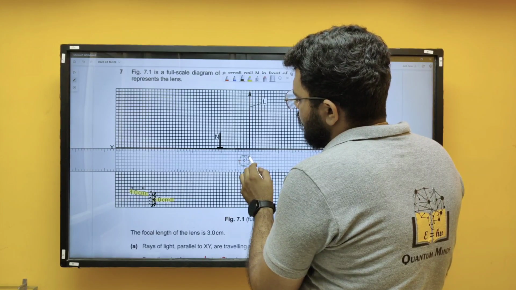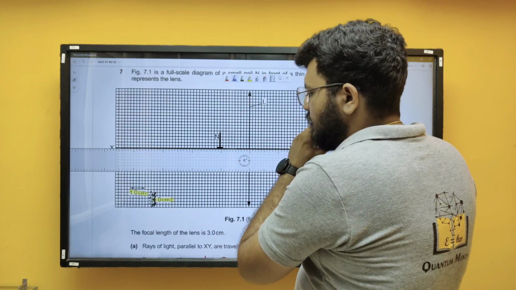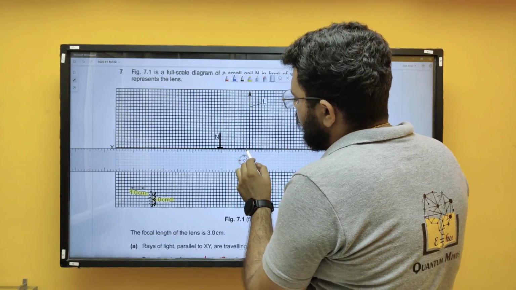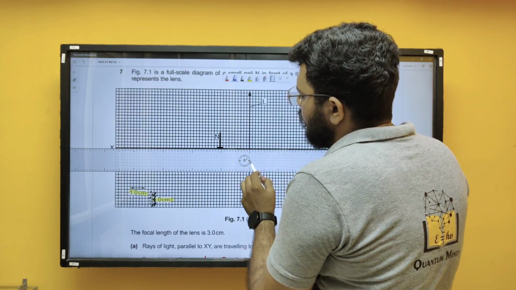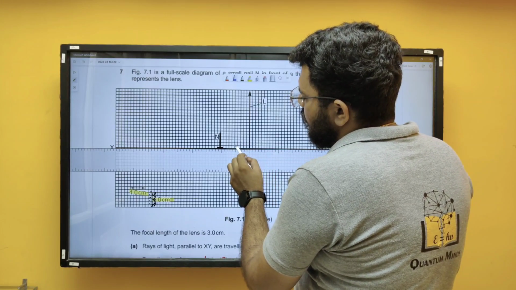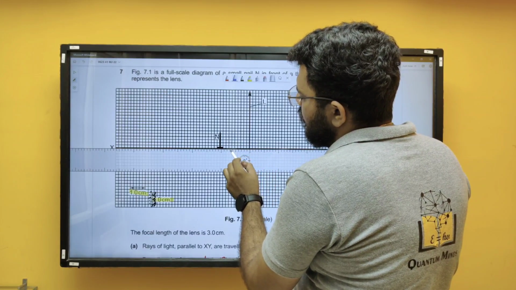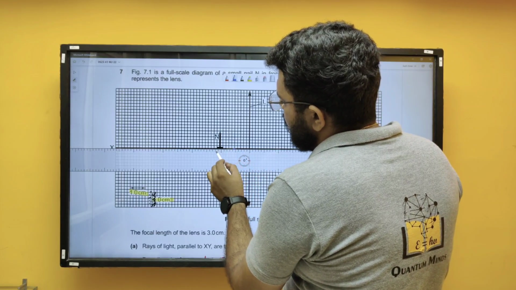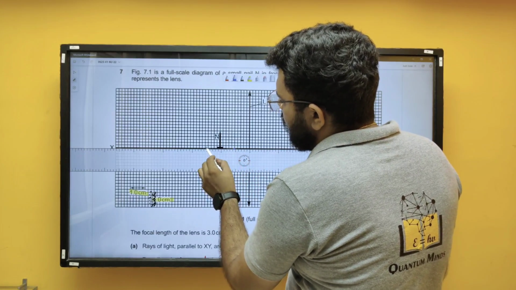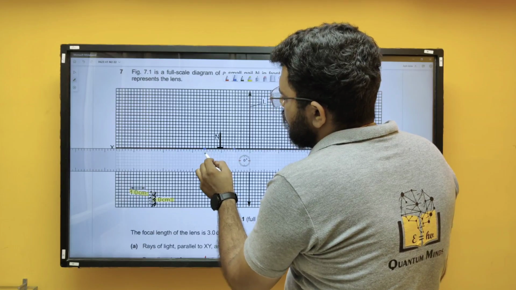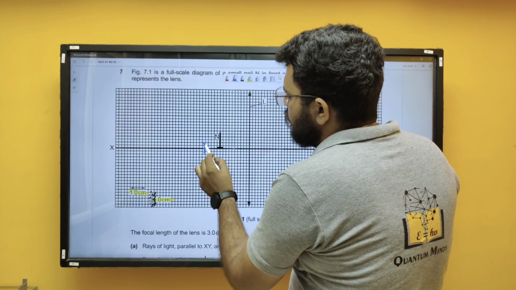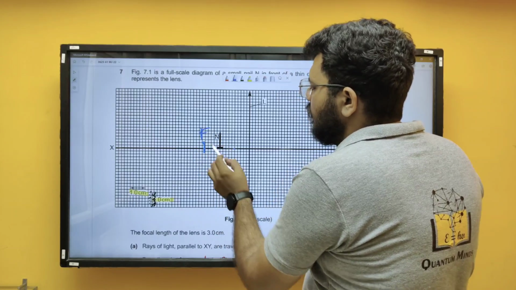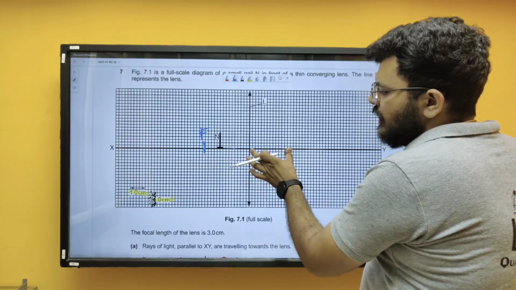this is taking longer than I thought, guys. Okay, so let me have a pen. 1, 2, 3, 4 and 5. So this is 1 centimeter, more 5 units, 1, 2, 3. So this should be 5, 10 and 15. So it should be this, right? This should be the first focus F, and in the same way I'll just estimate it.